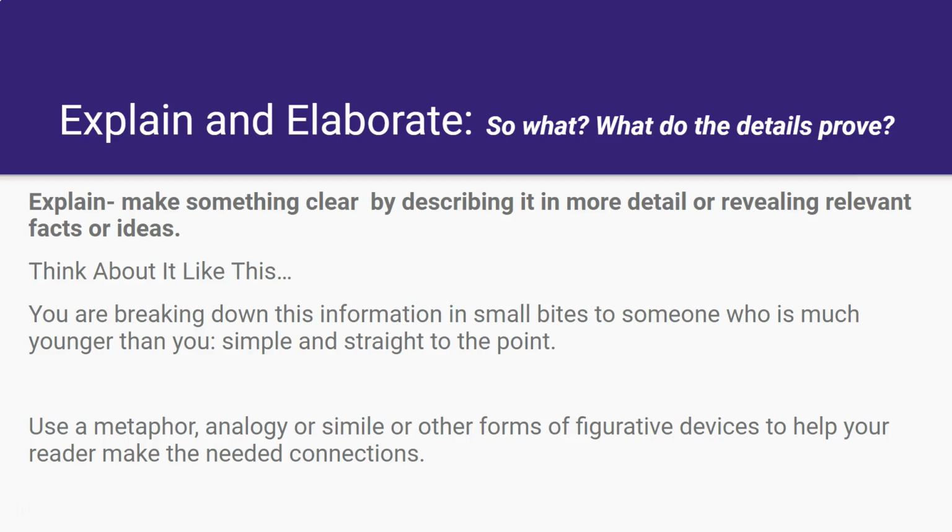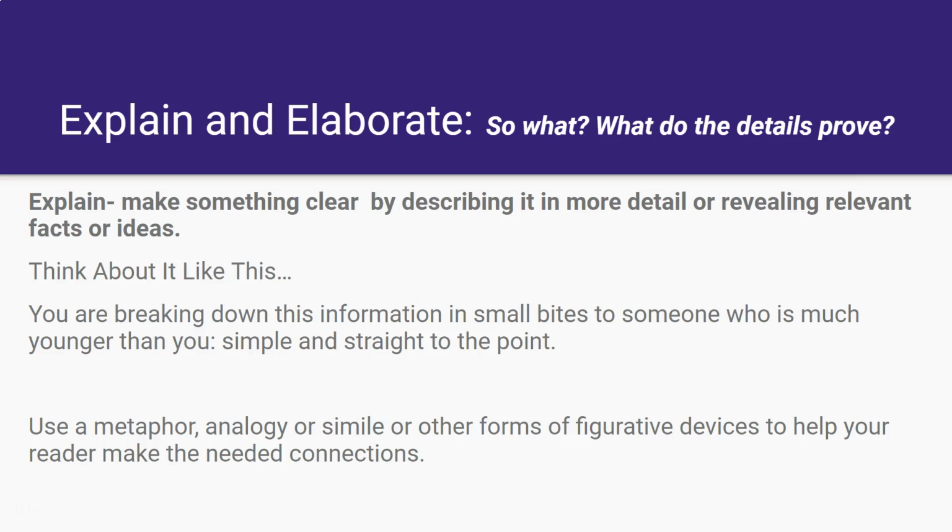So to explain is to make something clear. You're going to describe it. You're going to give more details. You're going to reveal the relevant facts or ideas. And relevant means the important. So you're going to give the important facts, the important ideas. Think about it like this. You're breaking down this information into small bites to someone who is much younger than you.